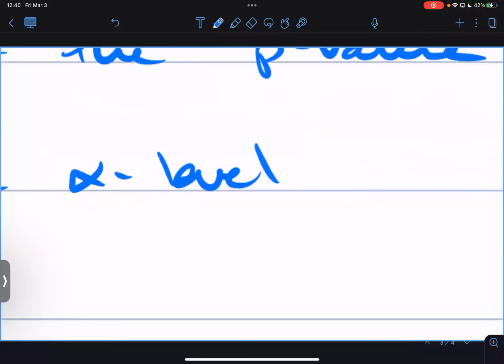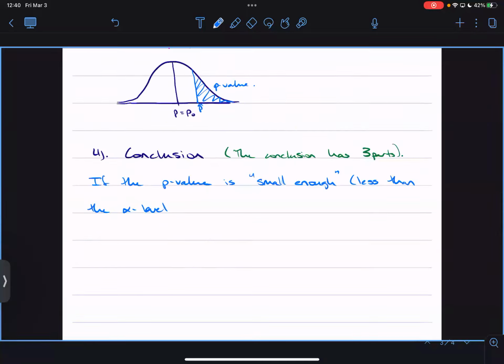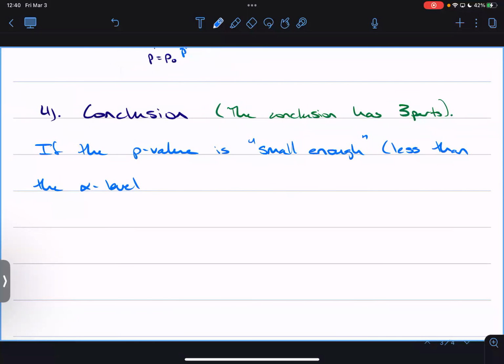Alpha is just a little Greek fish letter. It's pretty fun to write. Okay. So less than the alpha level. Usually the question will tell you what alpha level to use, but the default is 0.05.